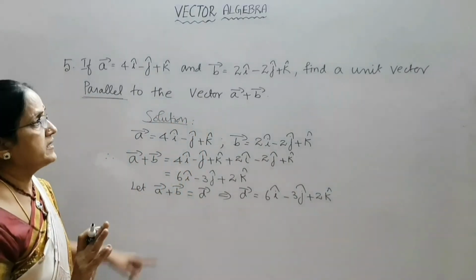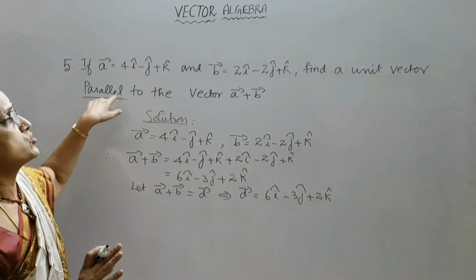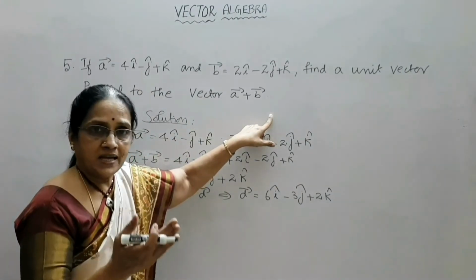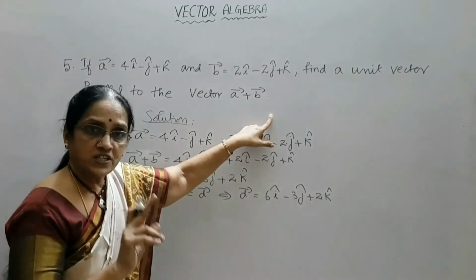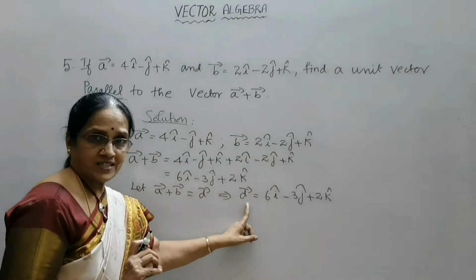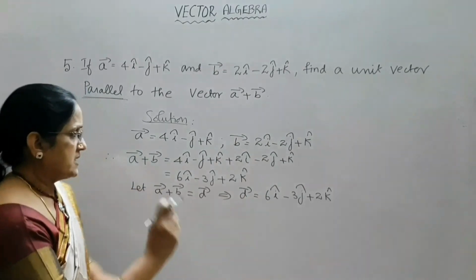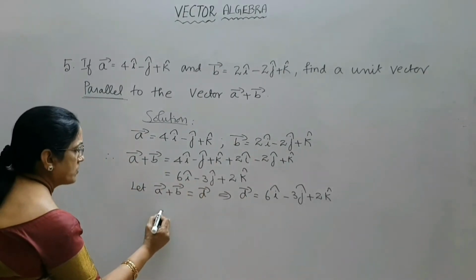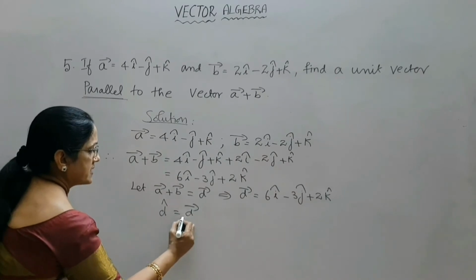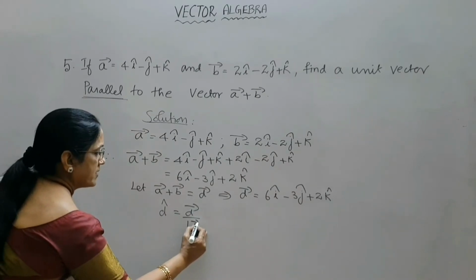You need to find a unit vector parallel to a vector plus b vector. It is same as finding out the unit vector that is parallel to d vector. That is, you need to first find out d cap. D cap is d vector by mod d vector.